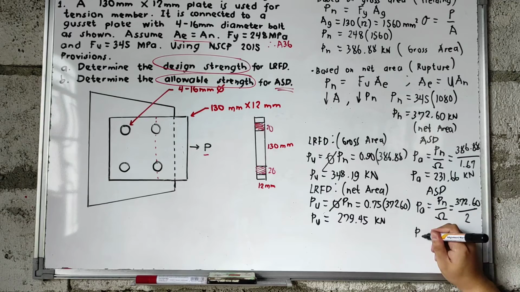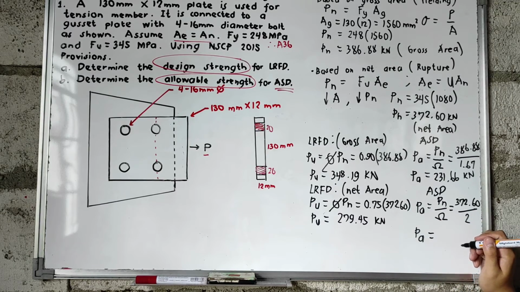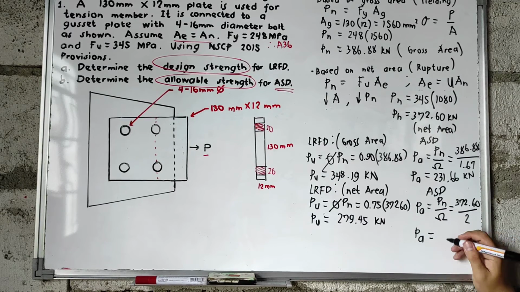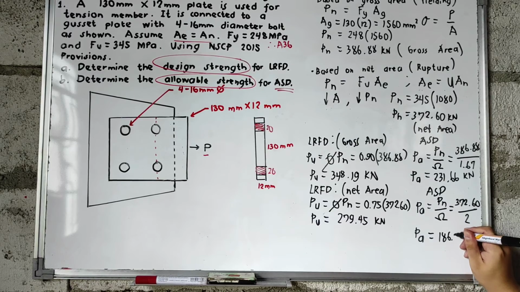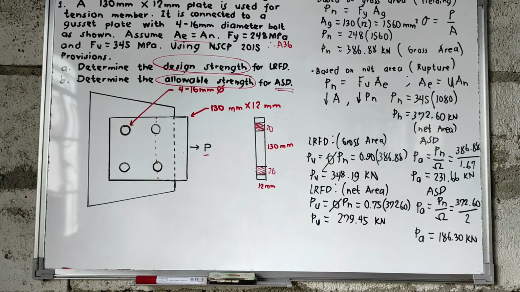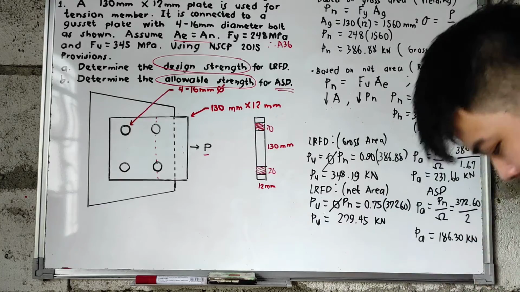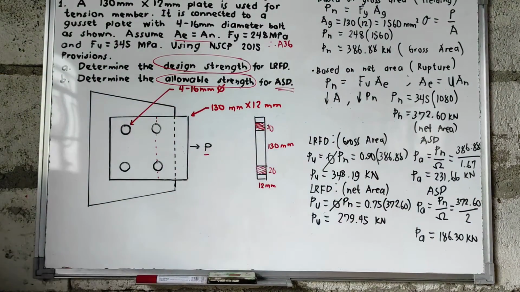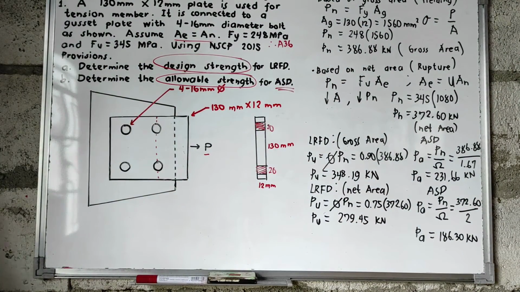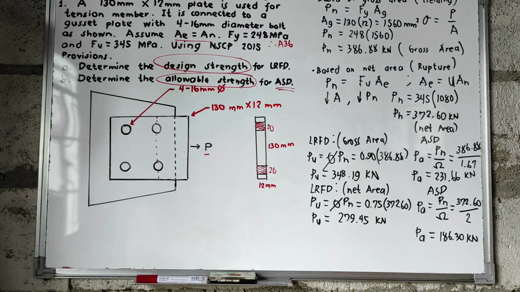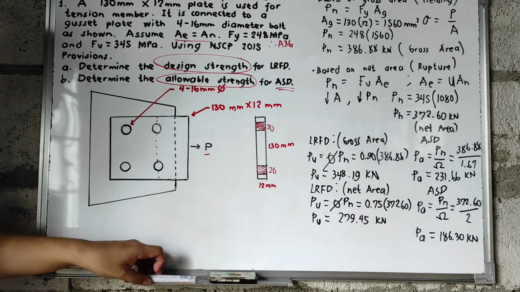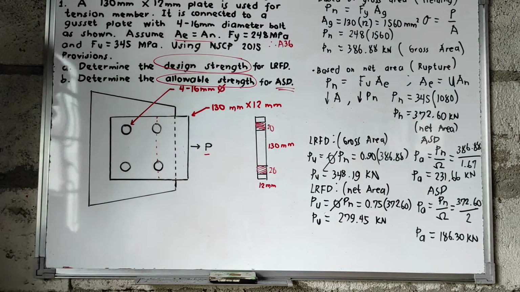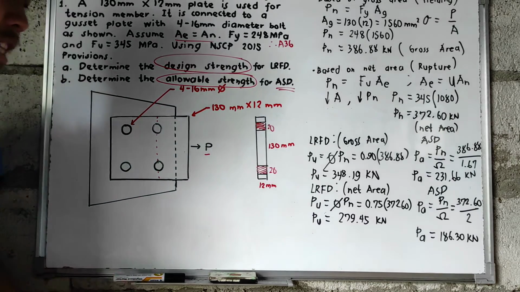So, the value of your allowable strength is now equal to 186.30 kilonewton. So, ito yung sa design strength natin at saka yung allowable strength. So, considering the two limit states, siyempre yung consider natin dito is the smaller value. Yun yung magiging answer natin.